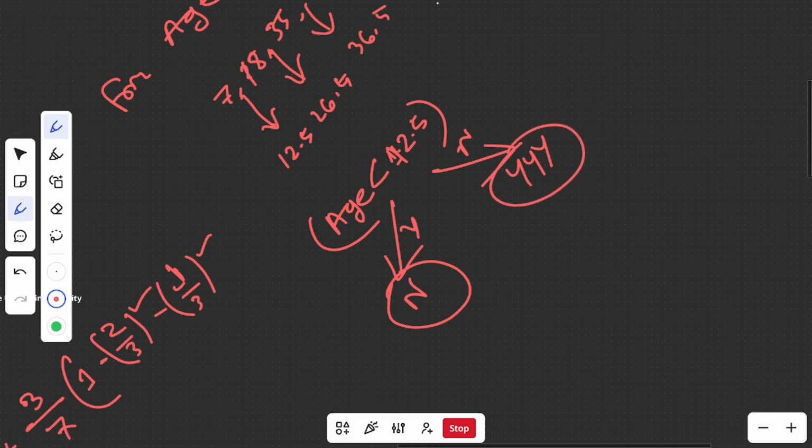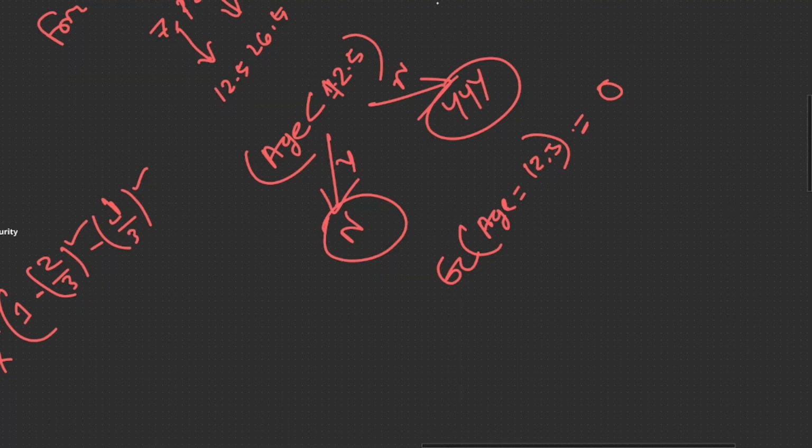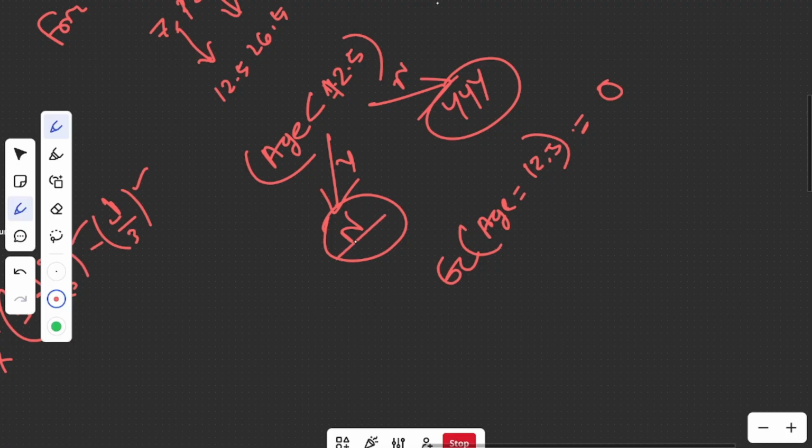So here you can see there is no mix, so the Gini impurity of age less than 12.5 will be 0. If you do this math properly, you will find 0. Or even if you don't do the math, you can take the decision by looking at the decisions in this tree.